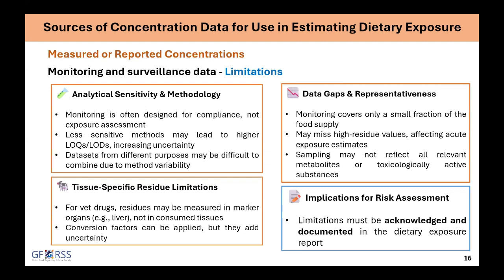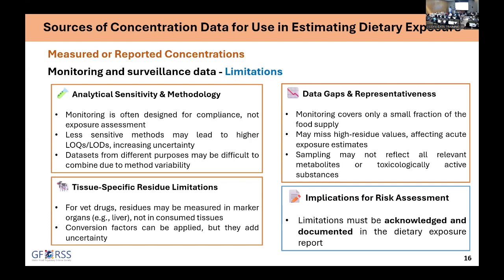Data gaps and representativeness, that's also a bias here. So monitoring covers only a small fraction of the food supply. And from this limitation, we will understand more the advantages of a total diet study, and the occurrence data coming from a total diet study. So in some situations, they cover a small fraction of the food supply.